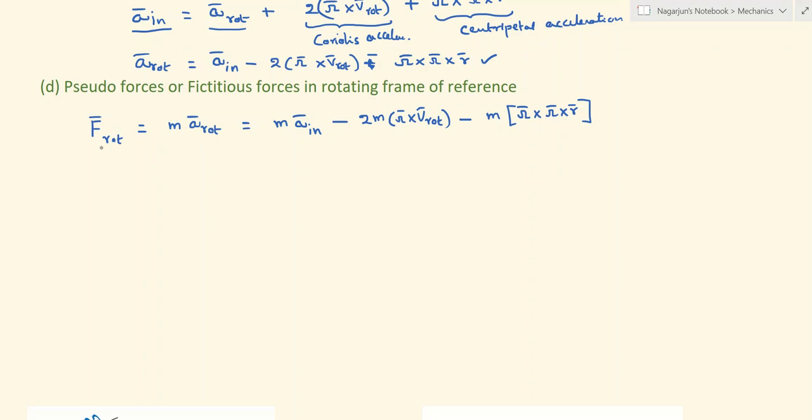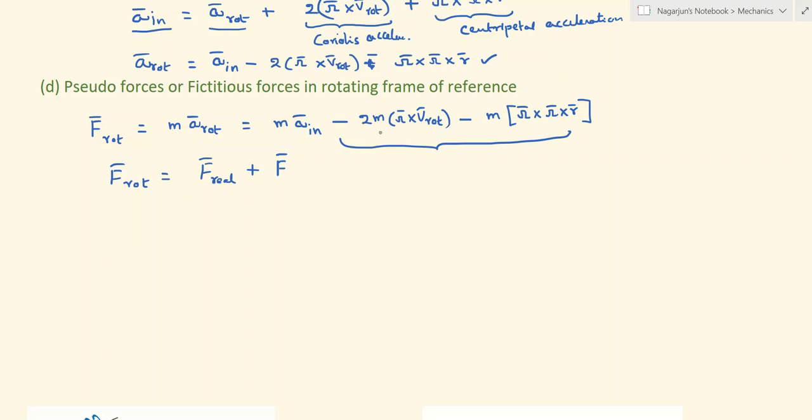Now we have force with respect to the rotating frame of reference equal to mass into acceleration with respect to the inertial frame, which is nothing but what we call a real force, plus the other part, which we call a pseudo force. But there are two pseudo forces here. The first part is minus 2m omega bar cross v bar rotation.